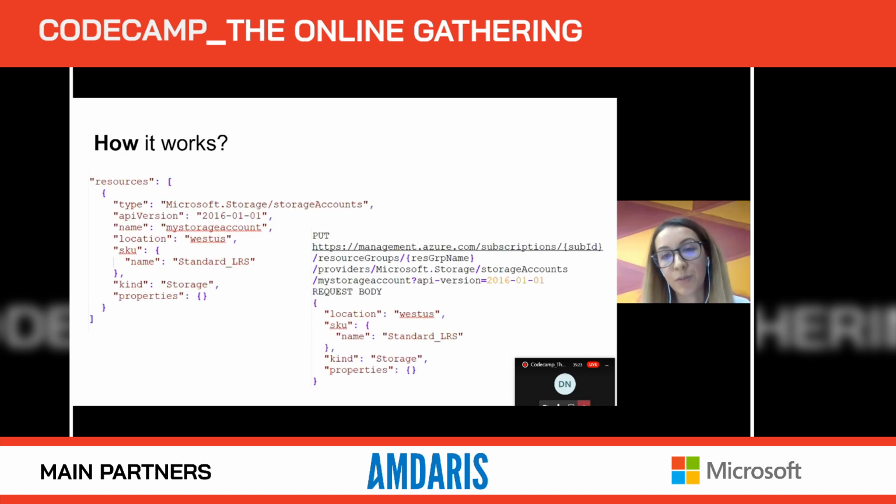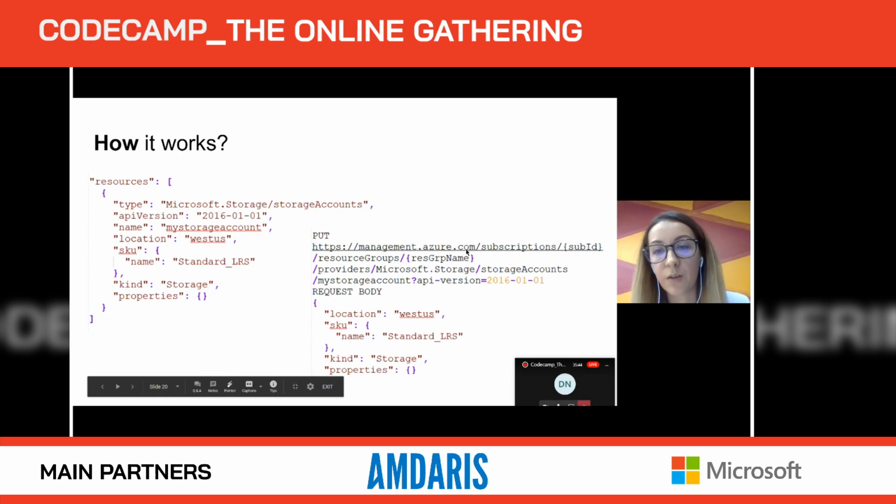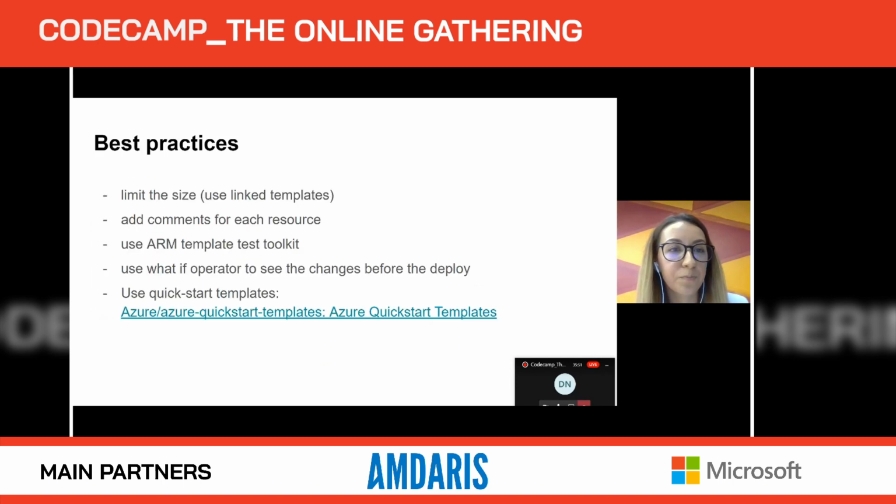As I mentioned at the beginning, Azure Resource Manager exposes an API, and what happens basically when we define the resources in the template file is that each definition of a resource is transformed into an API call, which has the content of what we defined and some specific values based on where we run the templates.